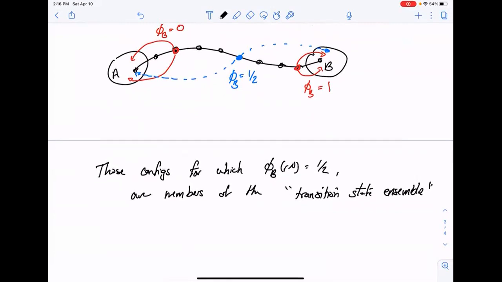So this gives you a process for which you could uncover a collection of configurations which are all near some dynamically relevant saddle point, which you then could interrogate and ask, what do those configurations have in common? How do I categorize them in such a way that they all have the same value of some reaction coordinate?